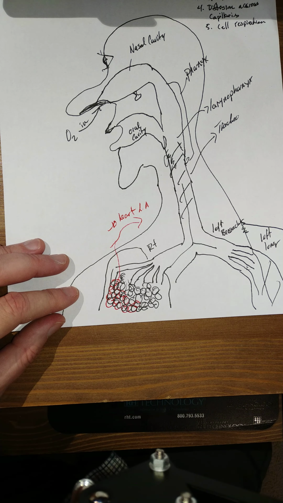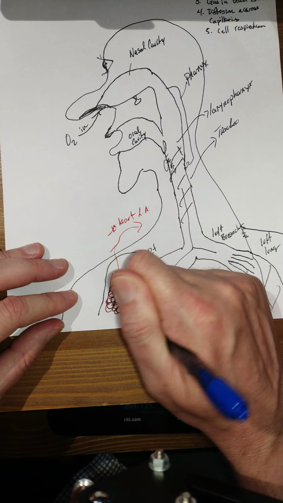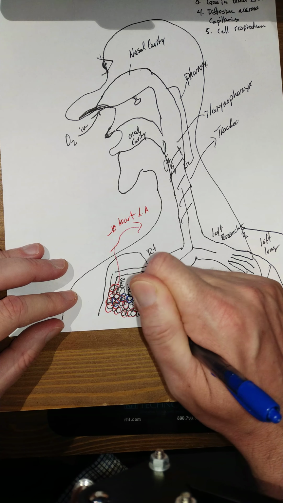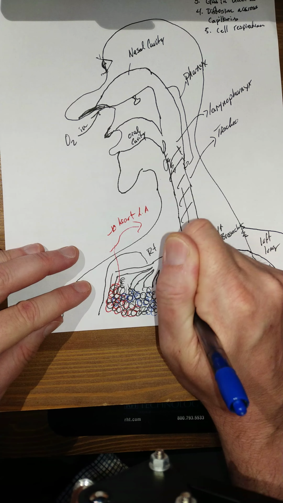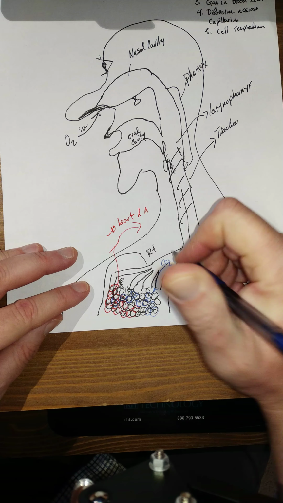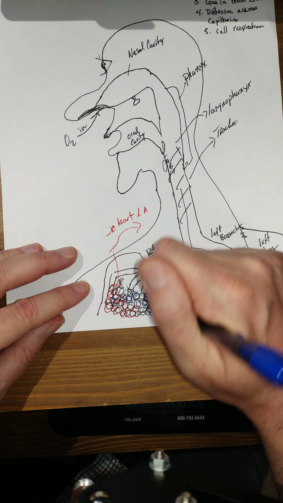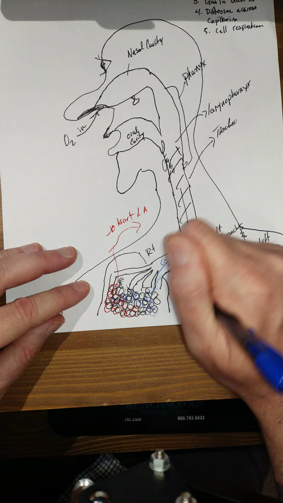However, we also have some removal of our CO2 as well. So these are blue. These are veins. And this is going to be CO2 from the right ventricle. Or I should say these are our veins.